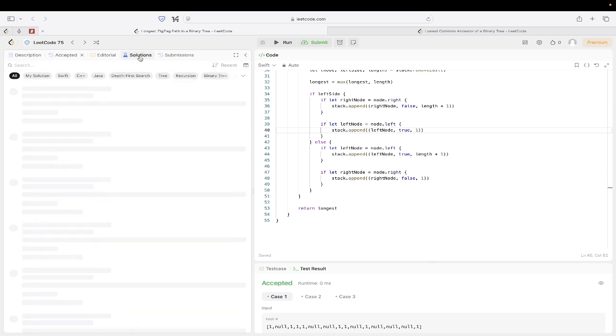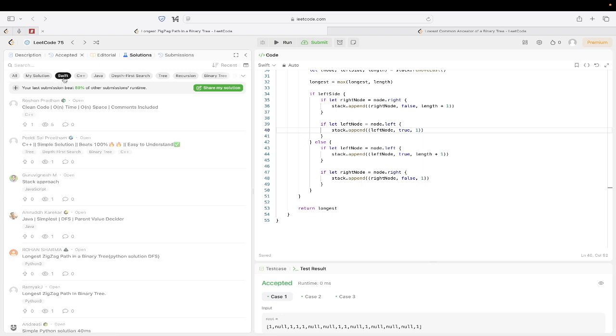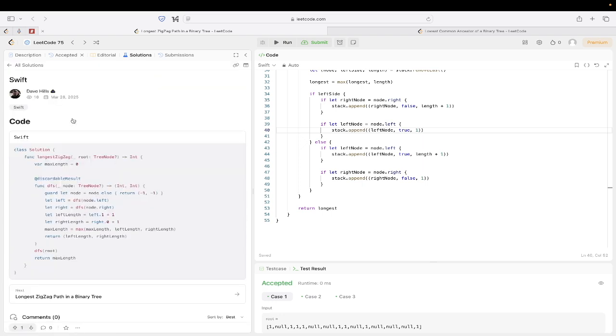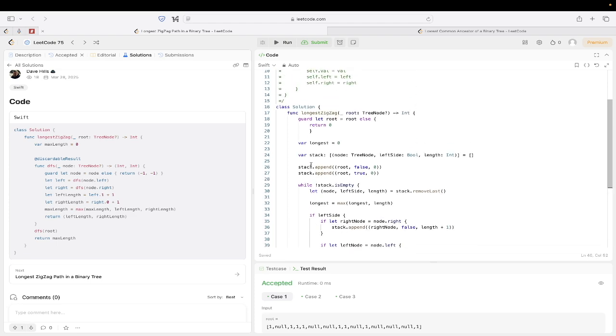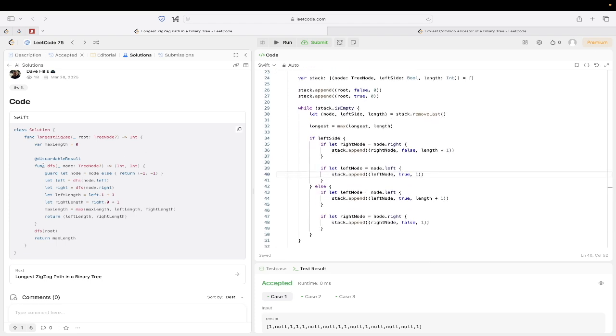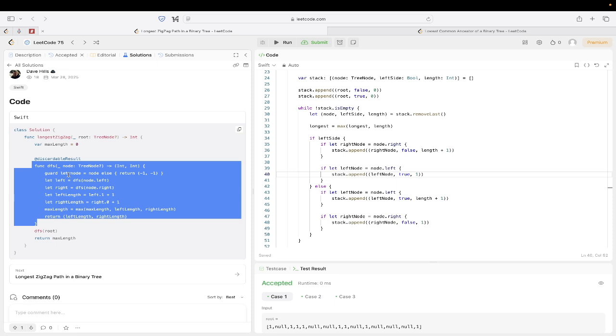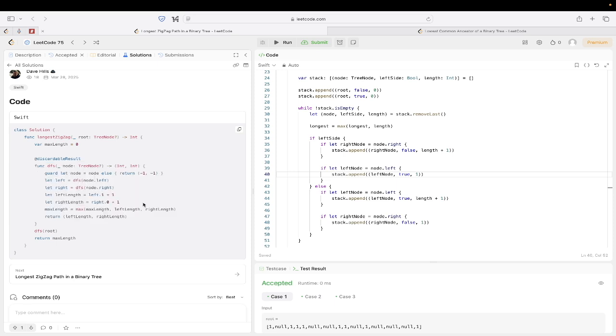Okay, let's look at some solutions. Okay, so this is, I believe, using a recursive function. Yeah, it has its own function that returns.